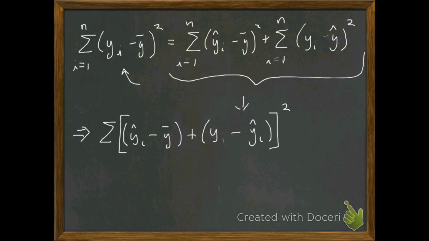Now what I want to do is square this. If we think of this as just squaring x plus y, I wish we could just go x squared plus y squared, like all of my beginning algebra students tell me that we can do. But what we need is this minus y bar squared.